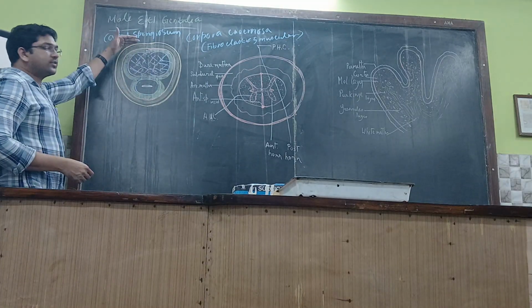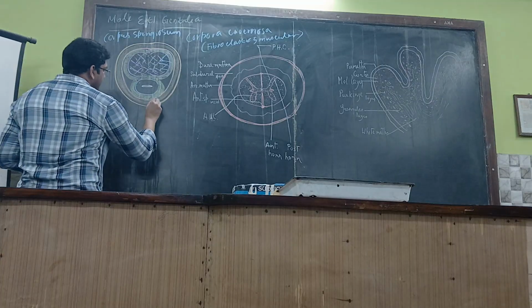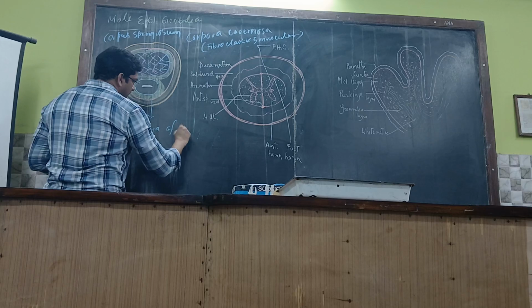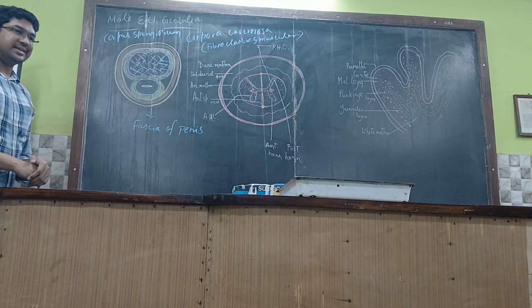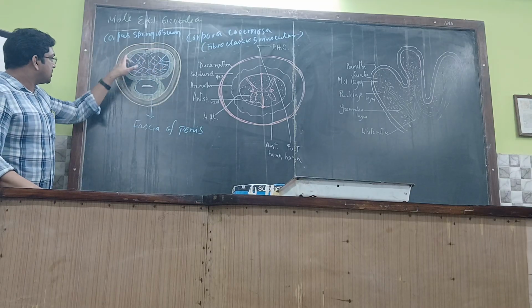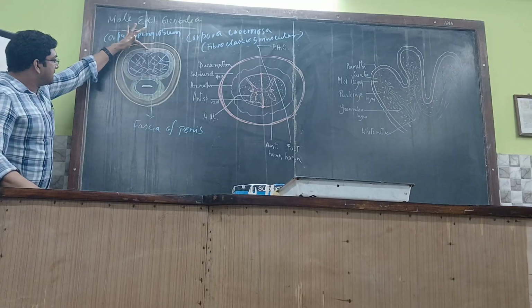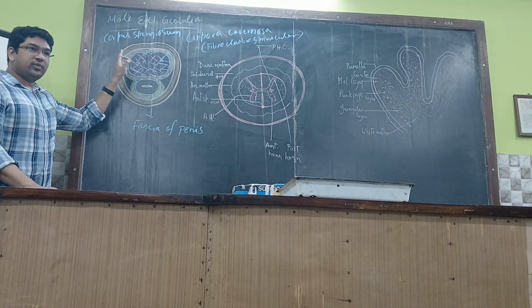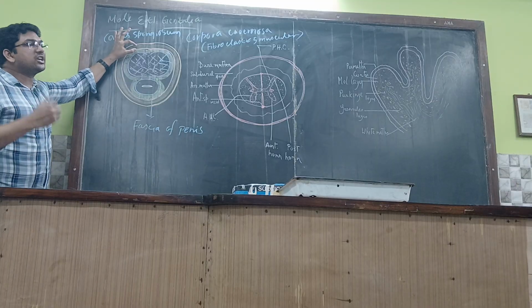Now we are looking at the coverings of the penis, from deeper to superficial. The fascia of penis. Outside the corpora cavernosa and outside the corpus spongiosum is the tunica albuginea. Outside of everything is the fascia of penis, a moderately thick fibrous structure.